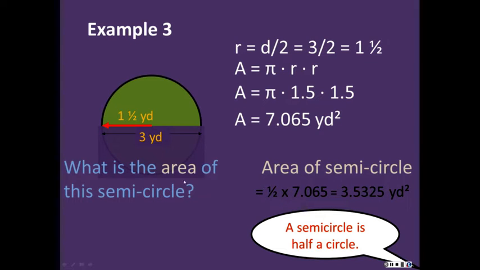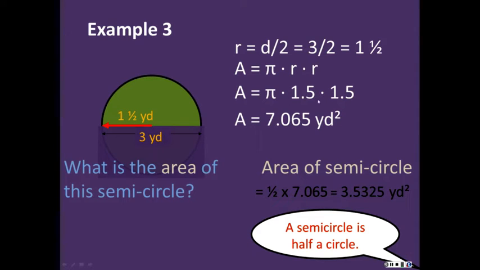Okay? Let's start all over. We were given the diameter. It was 3 yards. We needed to get the radius. The radius would be the diameter divided by 2. 3 divided by 2 was 1.5. Then we took pi times r times r. In this case, pi is 3.14.